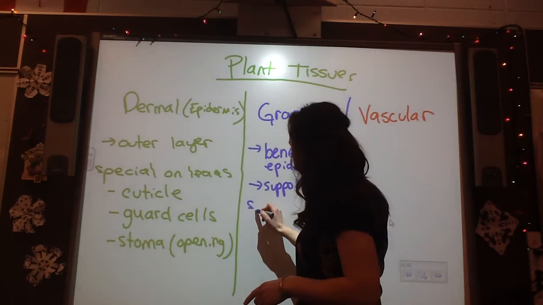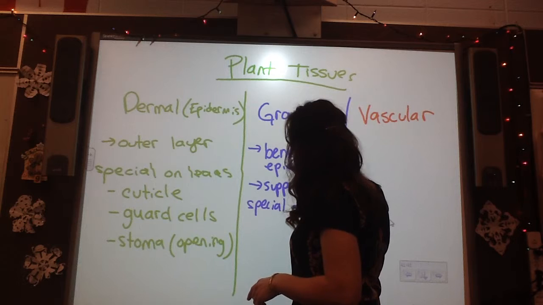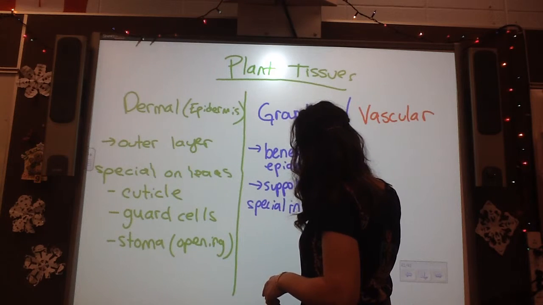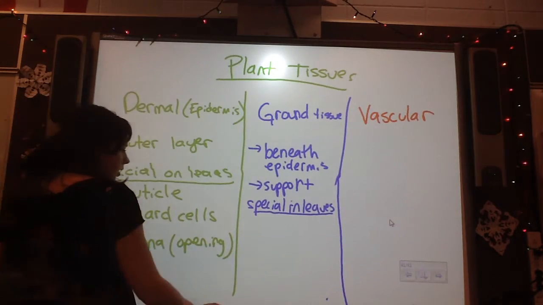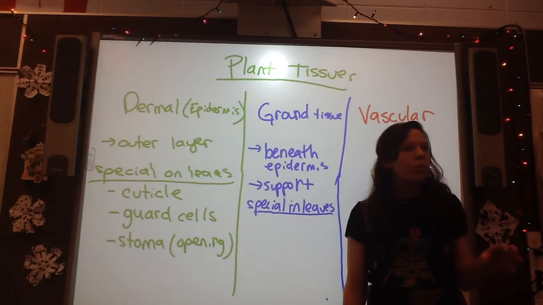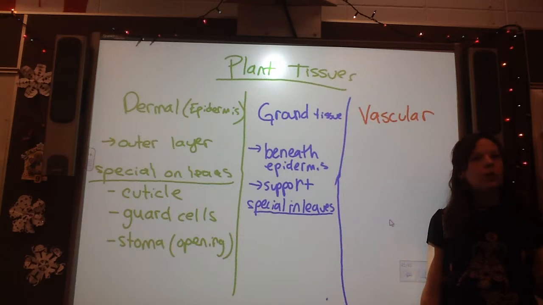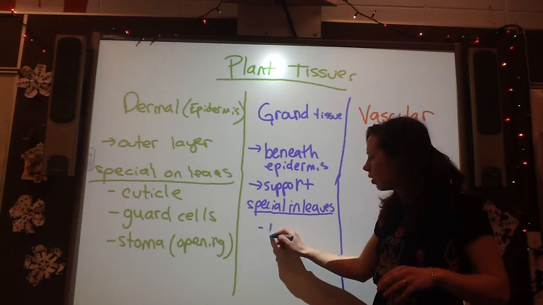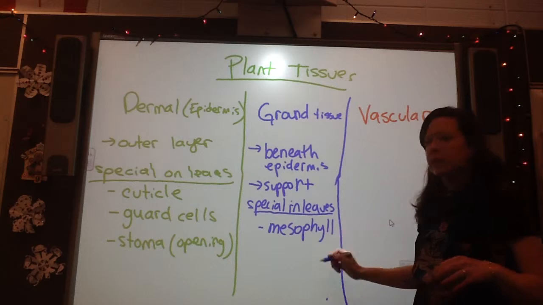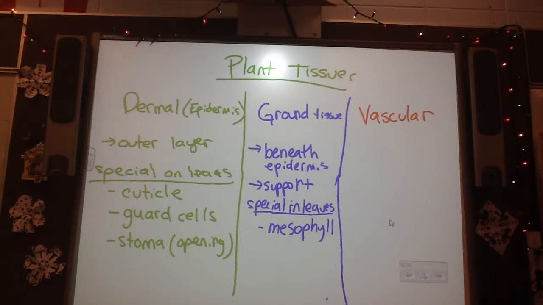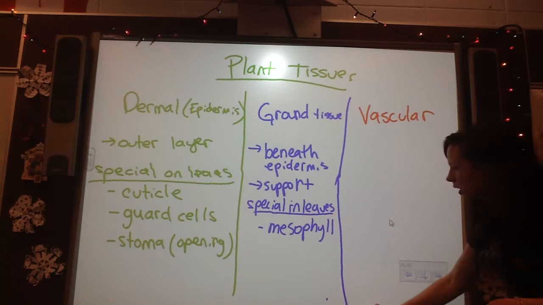So special in leaves. The special ground tissue in the leaves was called mesophyll, because it has lots and lots of chloroplasts for photosynthesis. So that's all I'm going to put for mine. If you want to put a couple other notes about mesophyll, you can, but you have all the other notes in your notes too. Okay?